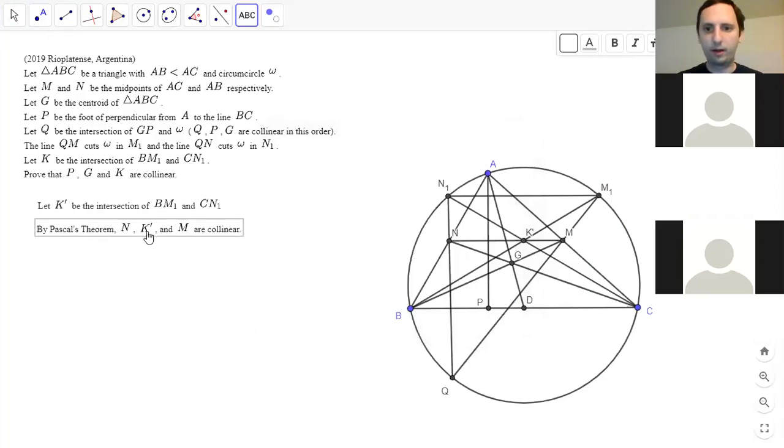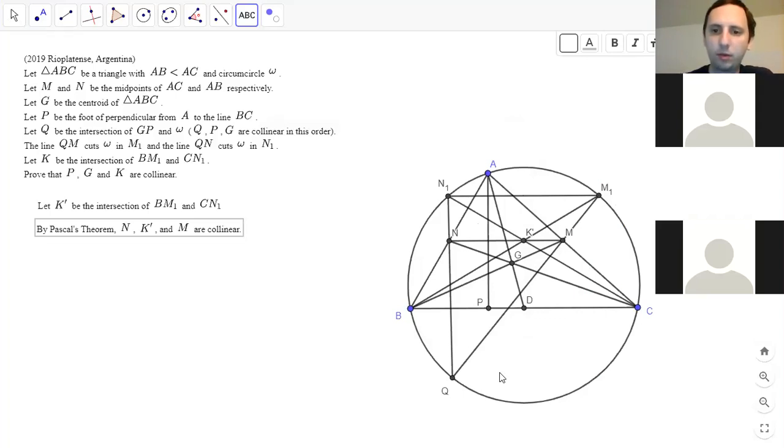And then, oh yeah, actually, I think we do need that the circles are tangent, right? Because we want to show that N1M1 is parallel. Yeah, we need that. Okay, so that comes from the IMO problem.